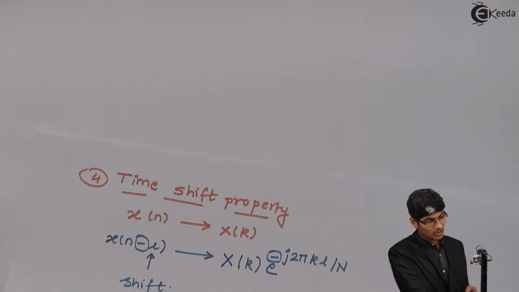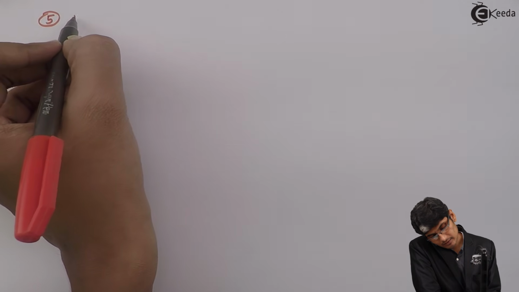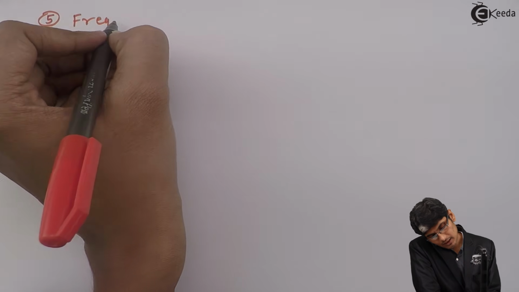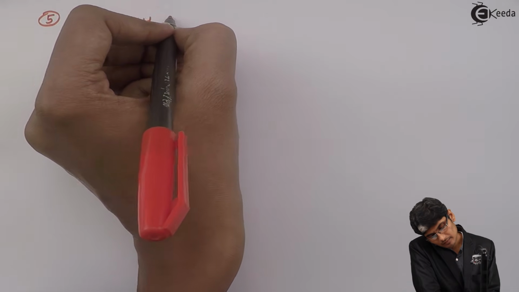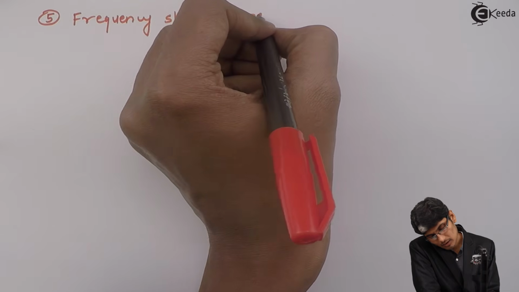Now, after the time shifting property, let us go ahead with the fifth property, which is the frequency shifting property.